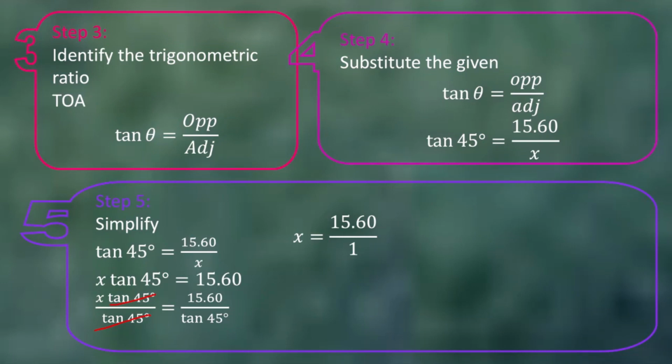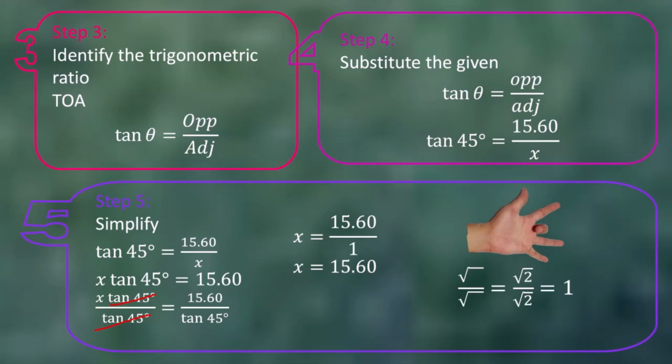Okay, bakit po naging over 1 si tan 45? Kasi po, dahil po yun, tan 45 is a special angle. 45 degrees is a special angle. So, pwede po natin i-apply yung last week po na topic natin, which is this one. Pag 45, itutupi natin yung middle finger natin, and then, susundin po natin tong steps na to.